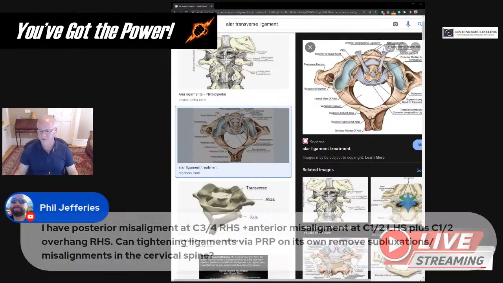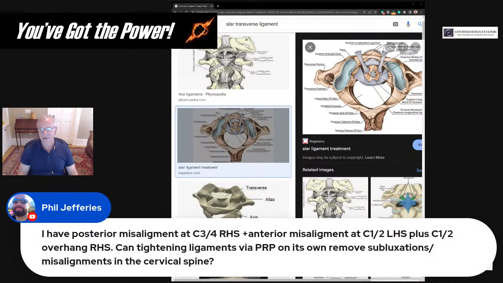Oh, here's one more question. Phil: posterior misalignment at C4, I'm not sure what RHS means, plus anterior misalignment. I think you're talking about positional terms, C1, C2 overhang. Can tightening ligaments via PRP on its own resolve subluxation misalignments in the cervical spine? So really what we've been talking about is whether or not those things move when you move.